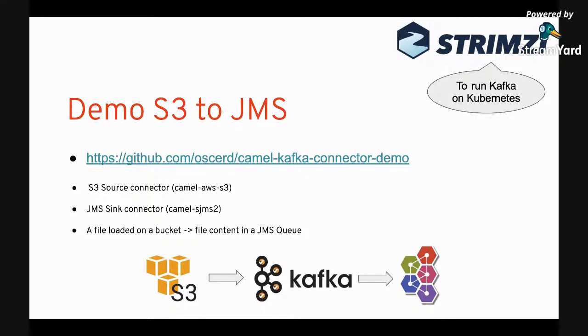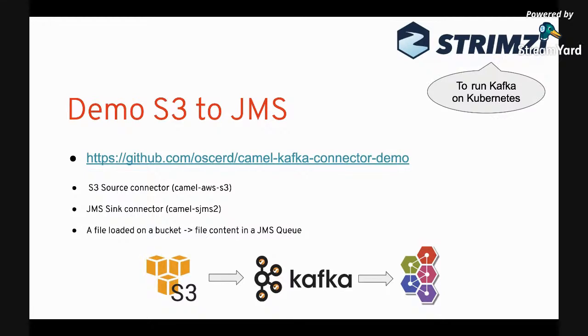Yeah. So now we will see a demo, and I will show you how to use the S3 source connector and the SJMS2 sink connector. Basically, this was a demo on one of my personal repositories, but the demo was moved to the Camel Kafka connector examples repository after the first release, the 0.1.